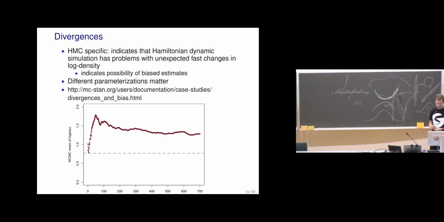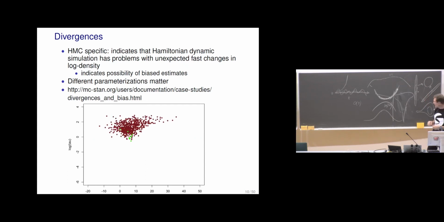But if we look at how the cumulative mean behaves when we get more and more draws, compared to the true value, which is the dashed line, and the cumulative mean in red, we can see that it seems to have a bias in the estimate, and it's not getting quickly enough towards the dashed line.